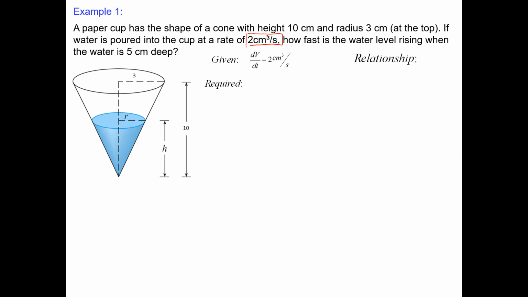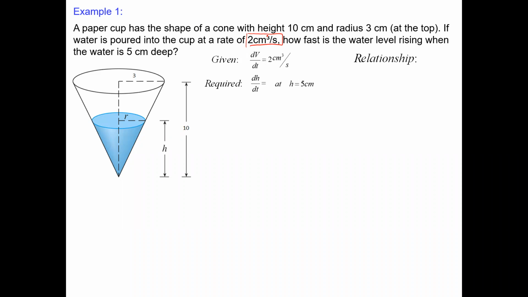With respect to the rates, that's given, dV/dt, and we're looking for how the height is changing, dh/dt, the rate of change of height with respect to time, at the moment when the height is 5 centimeters, yes, the water level is 5. It's not, of course, 5 all the time, but we're looking at the rate of change at that moment.